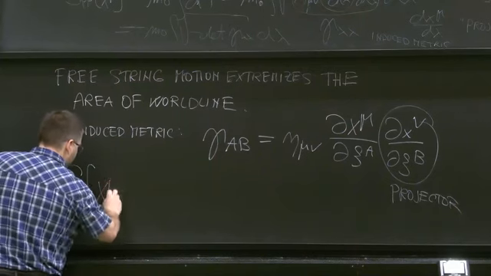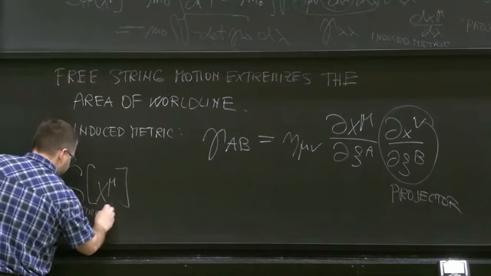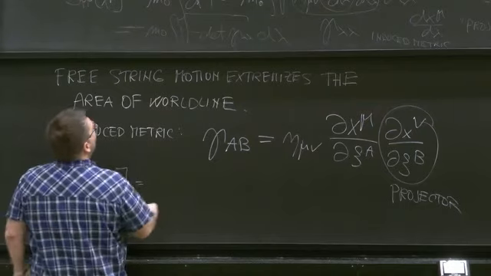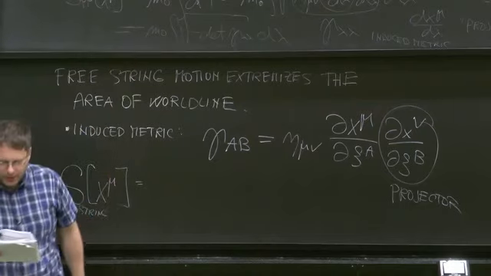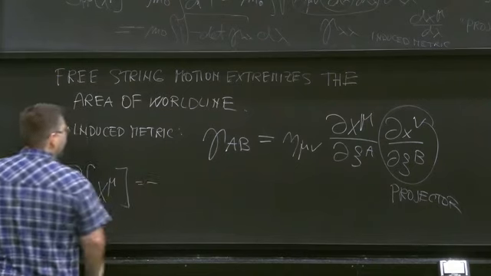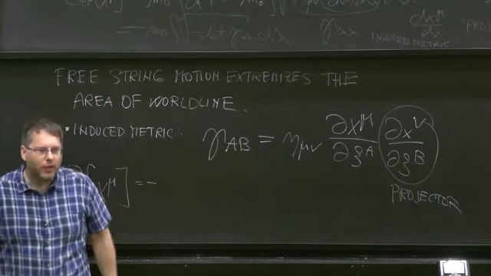for the string x mu will be, well, here we had minus. Let's put minus. And then we had something like the mass of the particle. Okay?